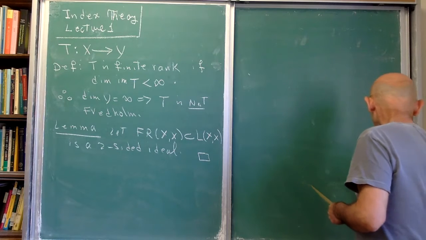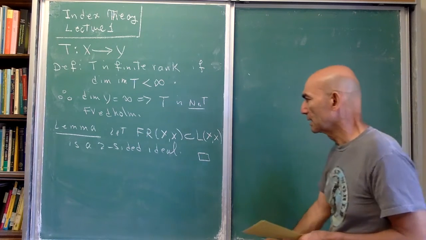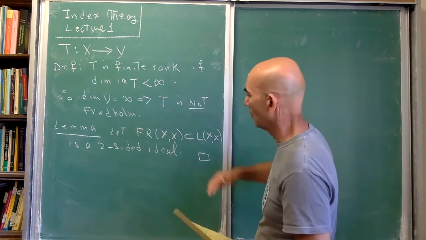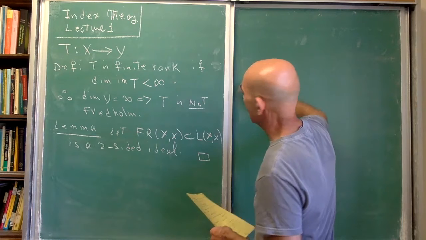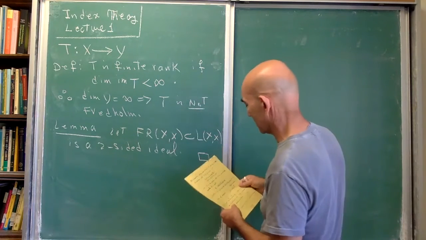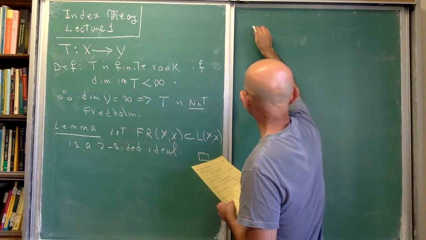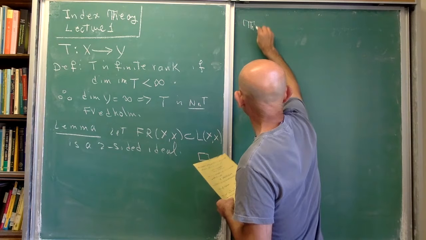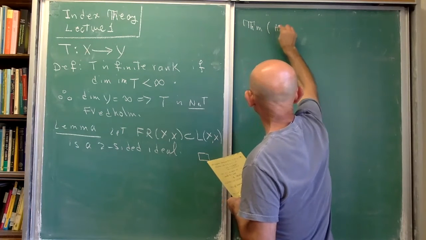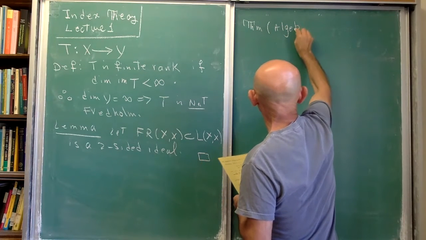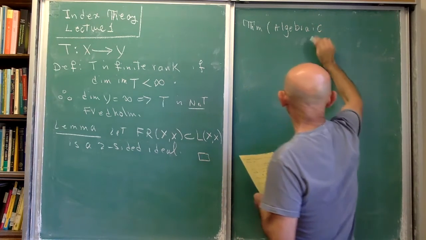The proof is not difficult, it's just linear algebra, working with subspaces, finding complementary subspaces and stuff like that. I call it the algebraic Atkinson theorem.